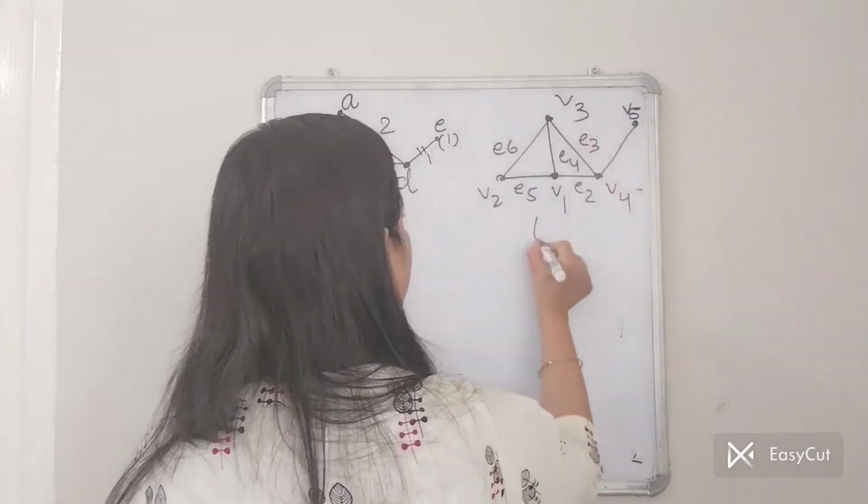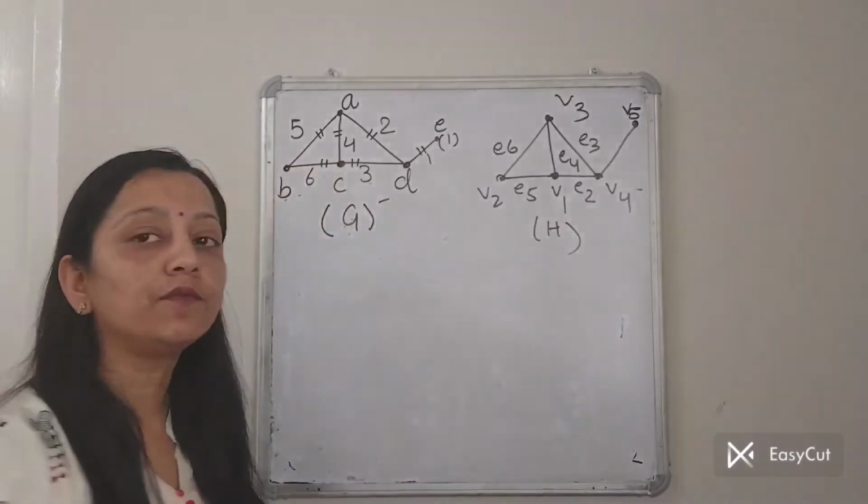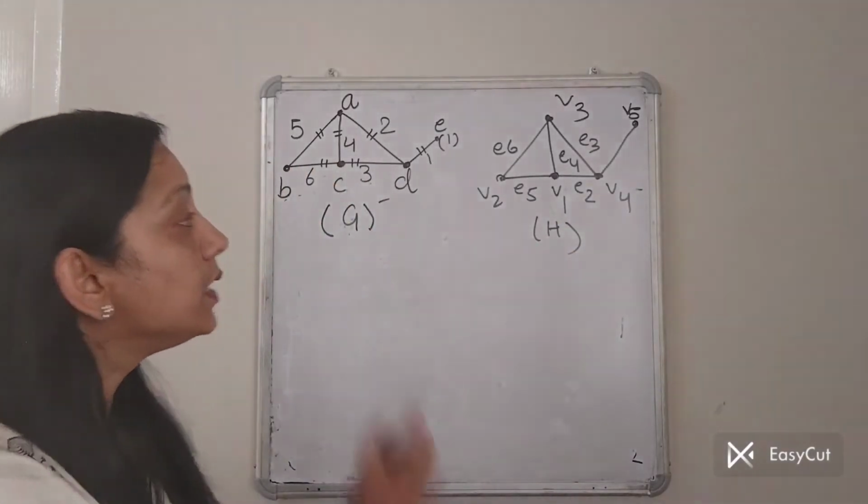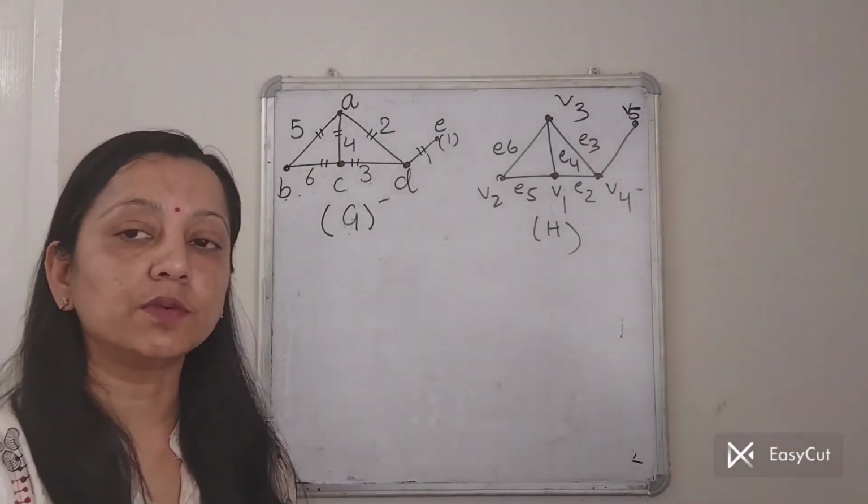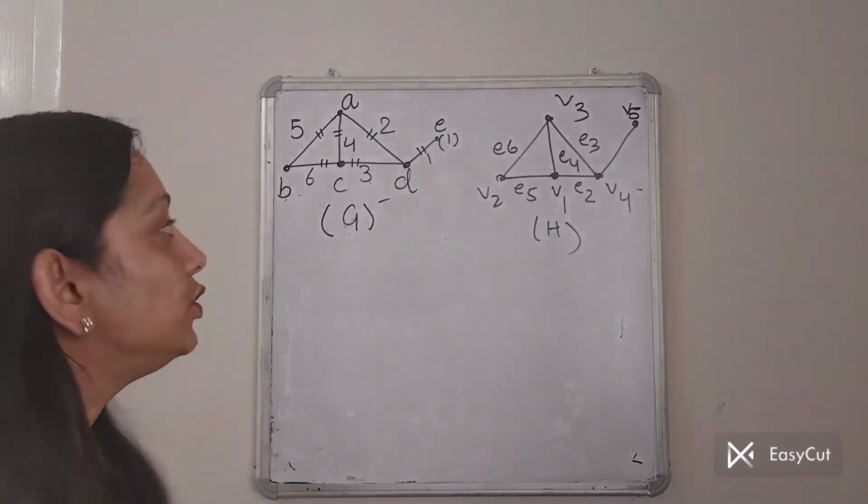This is the final graph H that I got after flipping and rotating. Now I can easily find the function mapping between the vertices of these two graphs.